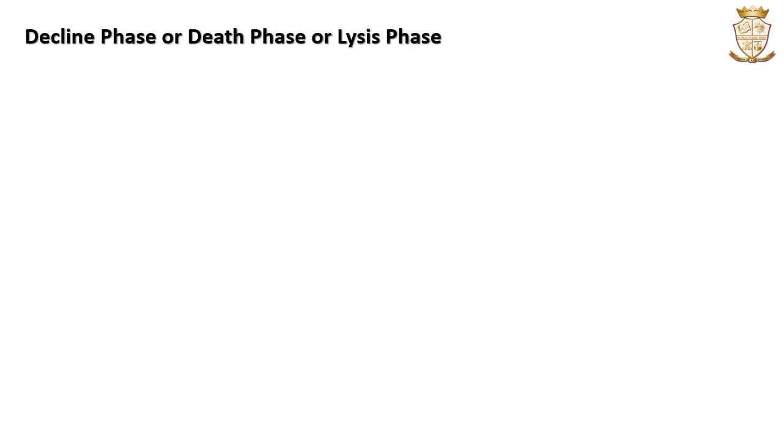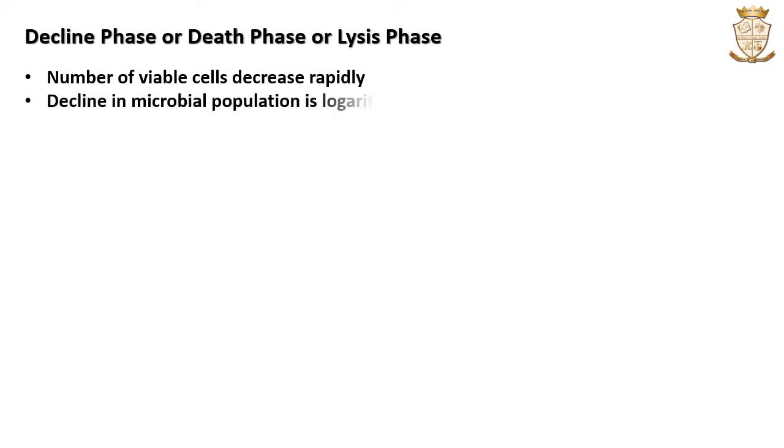The next phase is the decline phase, or death phase, or lysis phase. In this phase, the total number of viable cells decreases at a rapid rate. And this decrease in the microbial population is in a logarithmic pattern.